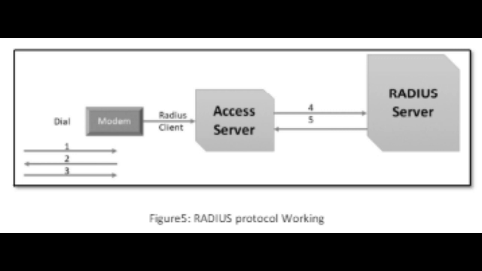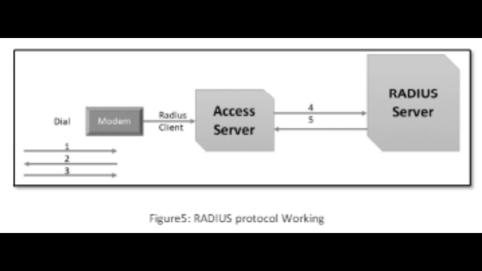The cooperation between a dial-in client and the RADIUS customer and worker is depicted in this diagram, Figure 5, RADIUS protocol working. Look at the screen. The client starts PPP validation to the NAS. If Password Authentication Protocol (PAP) is used, the NAS will ask for a username and secret key, or it will issue a challenge. If Challenge Handshake Authentication Protocol (CHAP), the client responds.